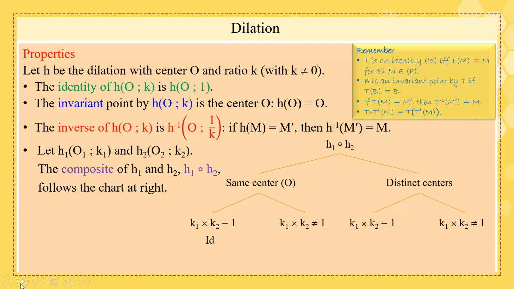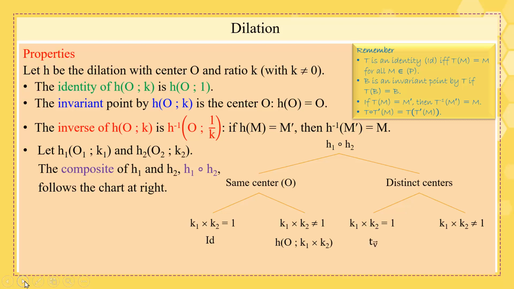First case, if they have the same center and the product of their ratios is 1, the composite of these two dilations is the identity. If they have the same center but the product of their ratios is different from 1, then the composite of H1 and H2 will be the dilation H of center O and ratio equal to the product of the ratios K1 and K2.